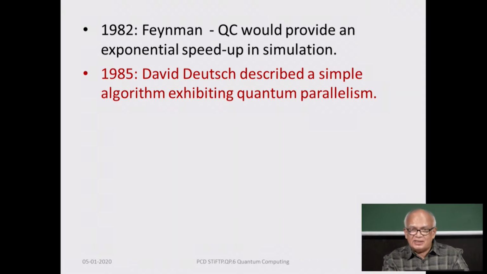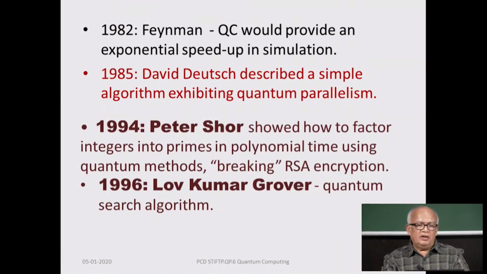Simulation of a physical system, and the physical system is obeying quantum laws rather than classical. So Feynman came up with this brilliant idea, and then of course there were developments just about 10-15 years later.